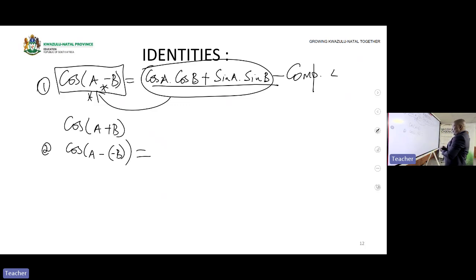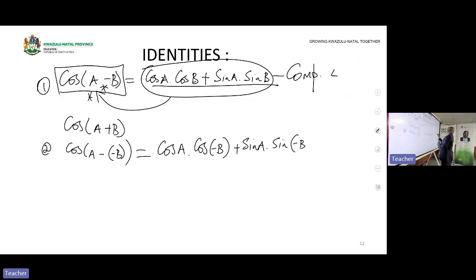Now we apply identity number 1 to work out identity number 2. According to identity number 1, we have cos of A times cos of the second angle, which in this case is negative B. Now we are introducing negative angles. Negative changes to positive, then it was plus. Plus sine of A times sine of the second angle, which is negative B in this case. Then we simplify.